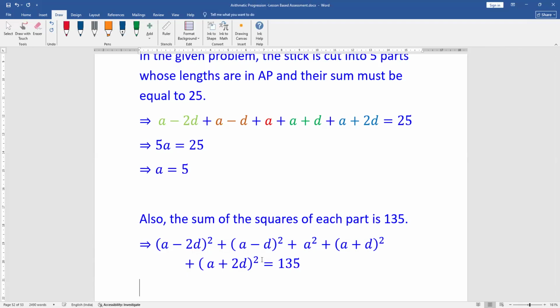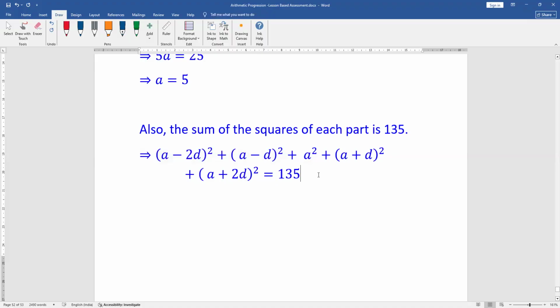So you square each of these parts. I'm going to call this equation 1.